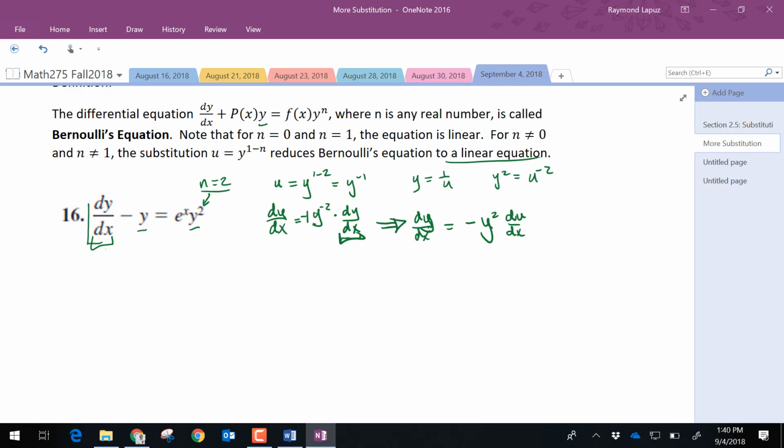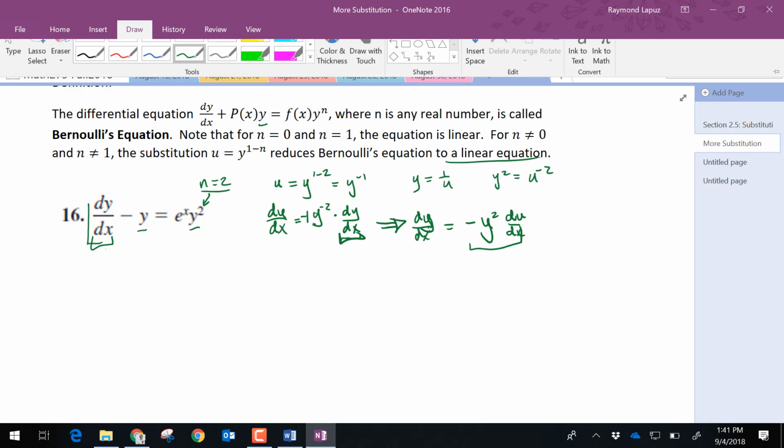Did I do that right? This negative stays negative, and the negative exponent becomes a positive exponent when I bring it to the other side. So that would allow me to replace my dy dx with negative y squared du dx, which is what I'll do in this step now.